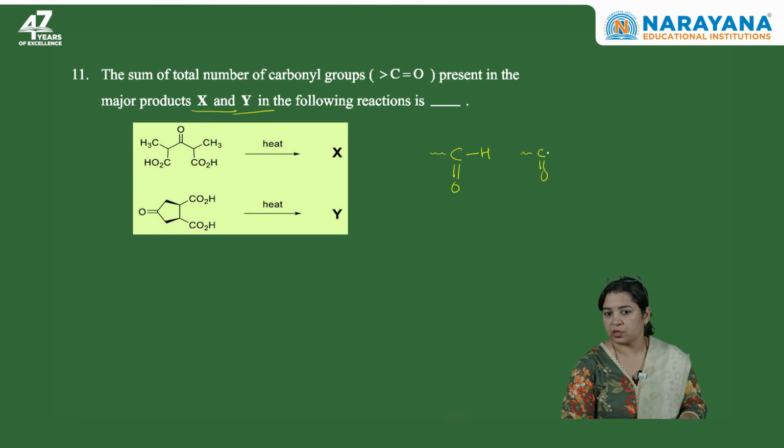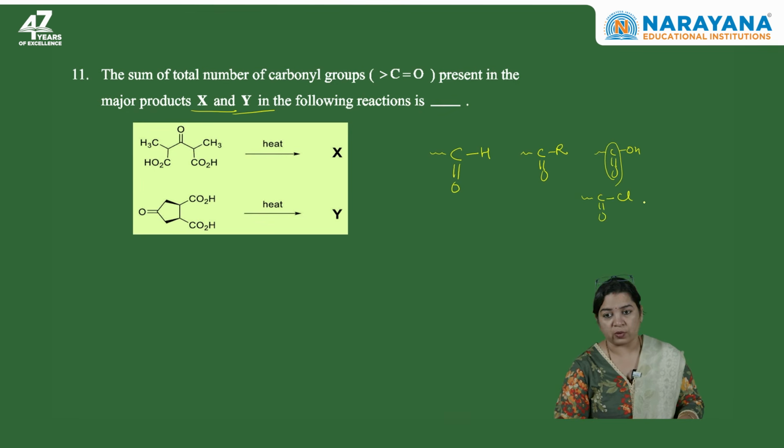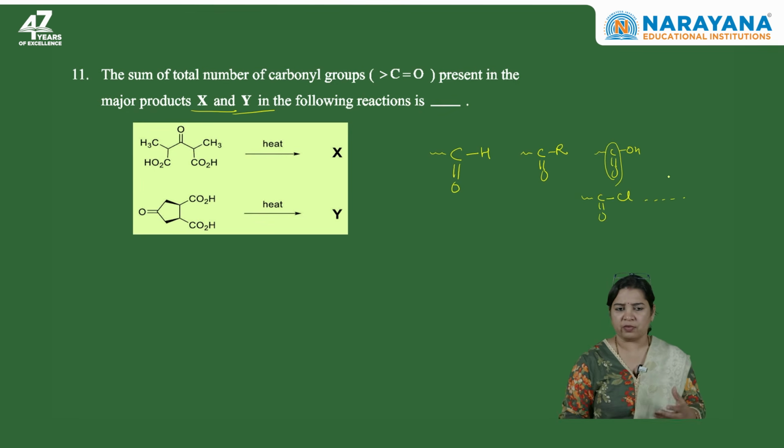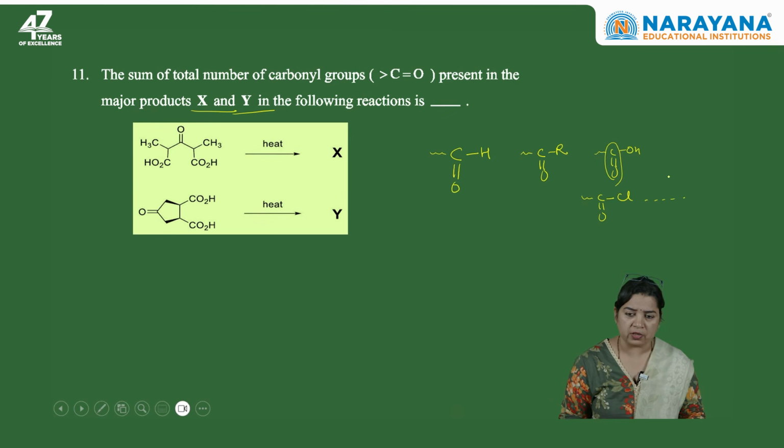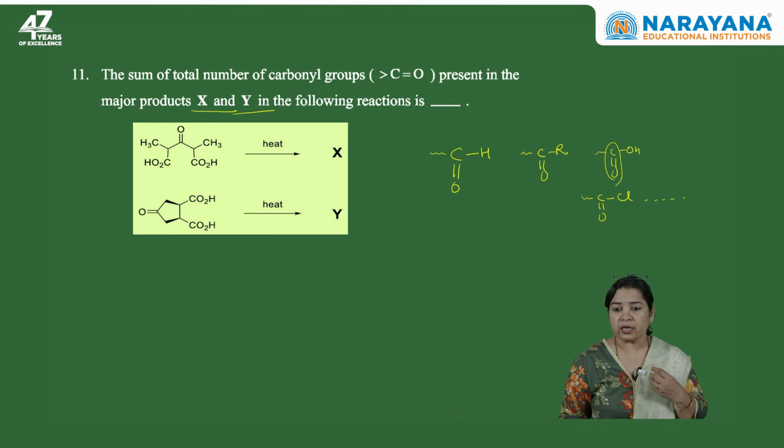When it is connected to some alkyl, it is ketone. When it is connected to OH, it is carboxylic acid, but they have mentioned it is carbonyl. When it is connected to chlorine, it is acid chloride, and all those acid derivatives were included in this definition in the opening paragraph of the aldehyde, ketone and carboxylic acid chapter.